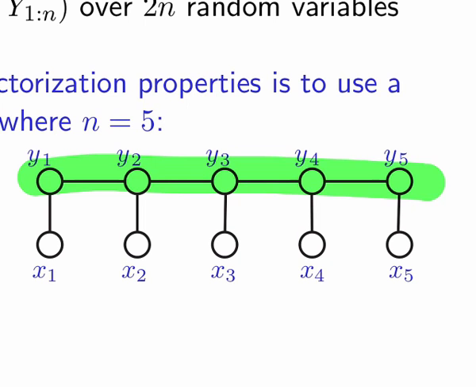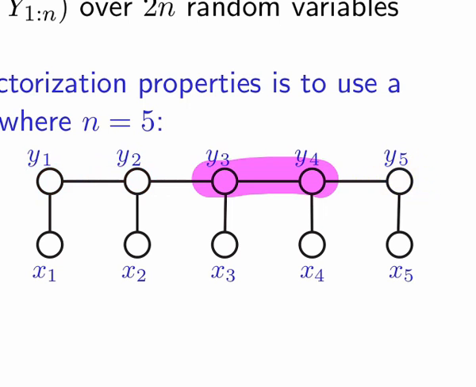It's basically saying that if I were to take any set of variables here, like y3, y4, then y3, y4 separates y5 from y1, y2. Therefore, y5 is independent of y1, y2 given y3, y4. Because it's separable, it's independent.